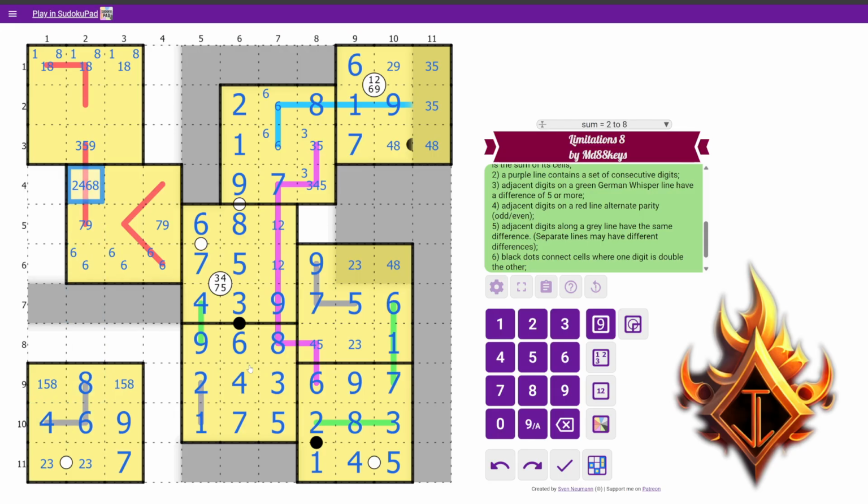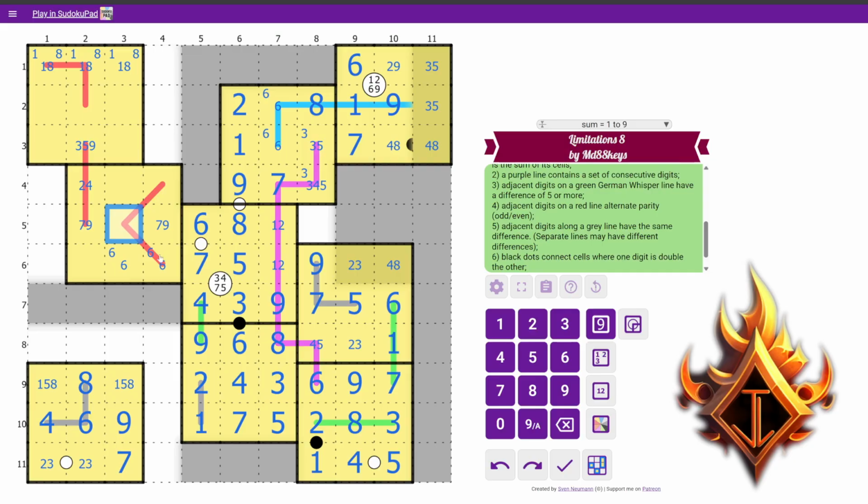Now we have 6, 8 come out of there. There's 2 or 4. Okay, we have all different digits on the gray lines, different differences. This one, can this be 1, 3, 5?